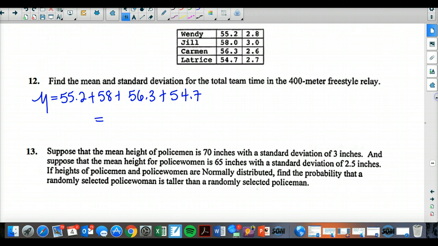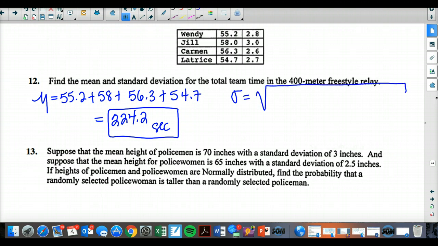I'm adding those up, and I have that my new mean is 224.2 seconds. Now, standard deviation would be the square root of each person's standard deviation squared, which is their variance.